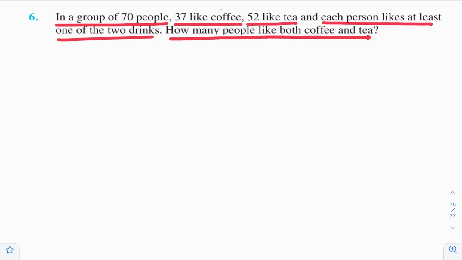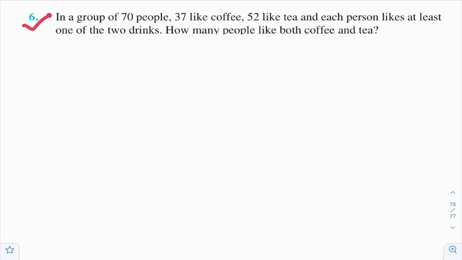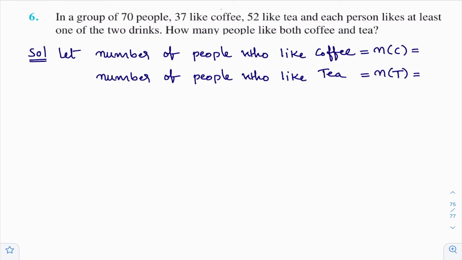Before starting this solution, I need to write two steps. Number of people who like coffee, number of people who like tea. So first let me write those steps. You observe what I have written.